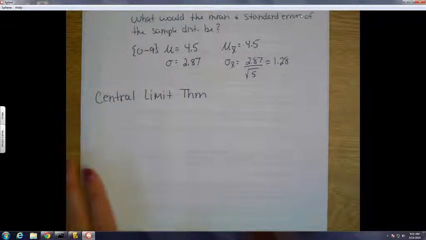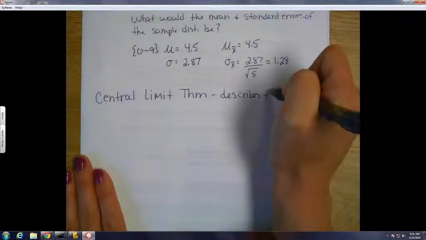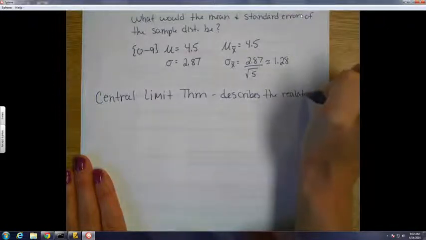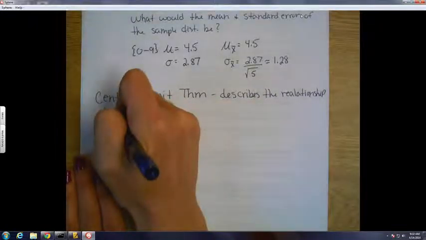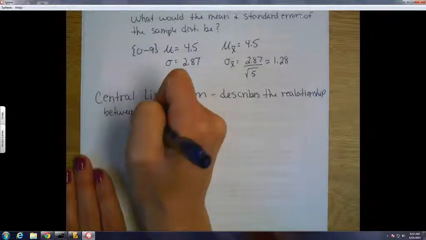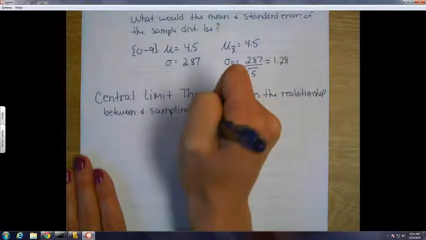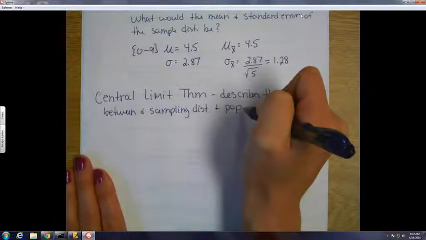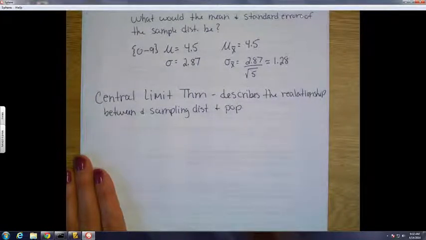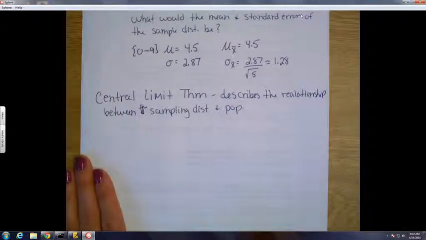It describes the relationship between a sampling distribution and the population.